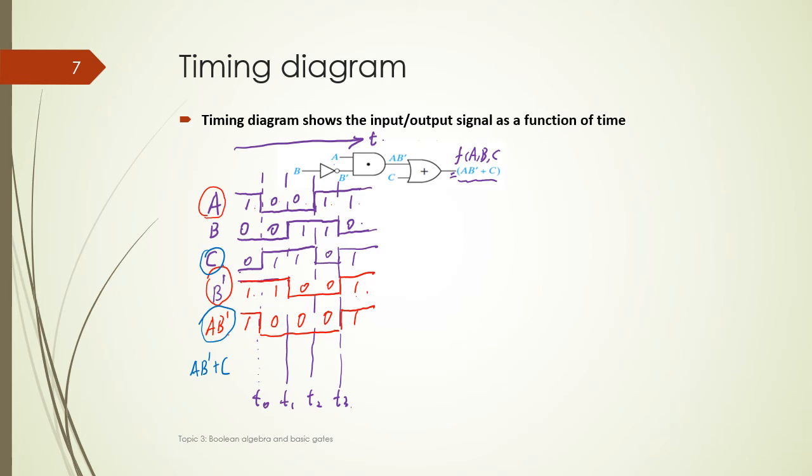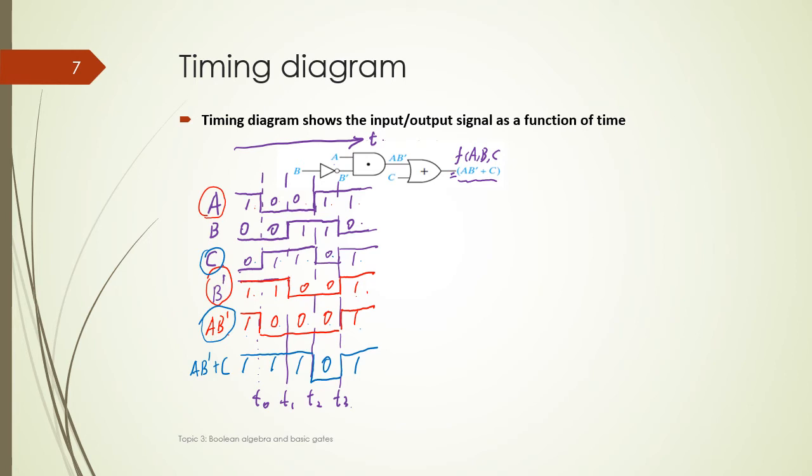Let's start from here. We got 0 here, but we got 1 here, which means the output will be 1. We got 1, 0, still 1. 1, 0, still 1. 0, 0 should be 0. 1, 1 should be 1. So finally, the output should change this way as a function of time.